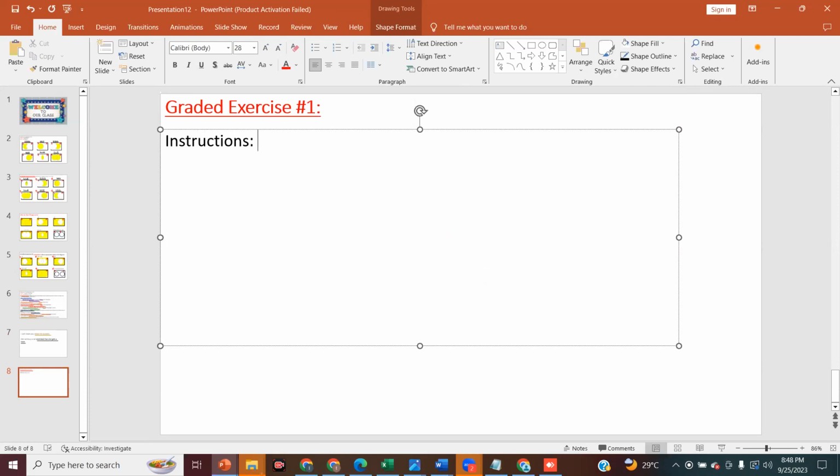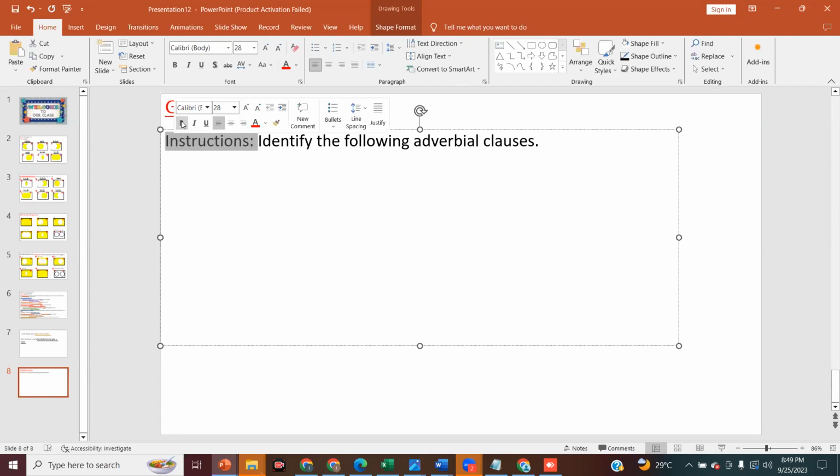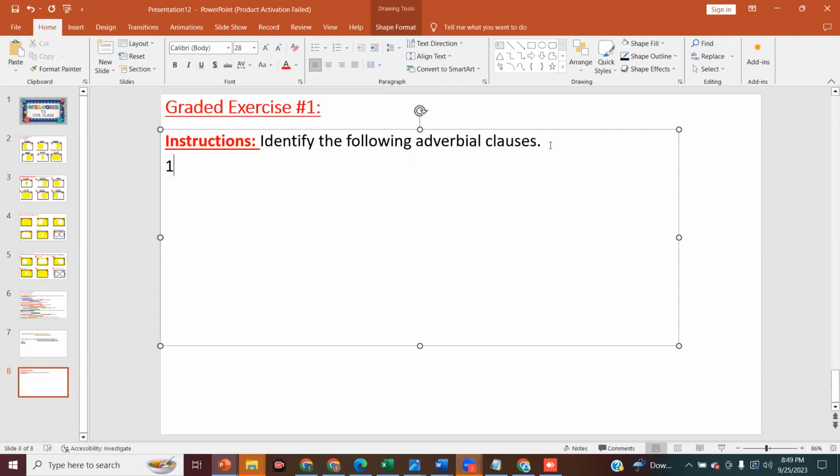Name or identify the following adverbial clauses. So tell me, is it an adverbial clause of place, time, condition, manner? What is it? It could be any of the 7, so be careful, all right?